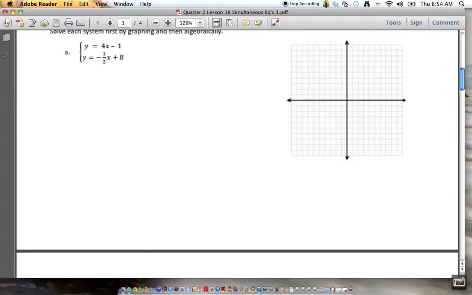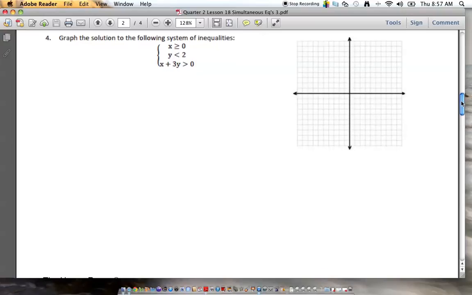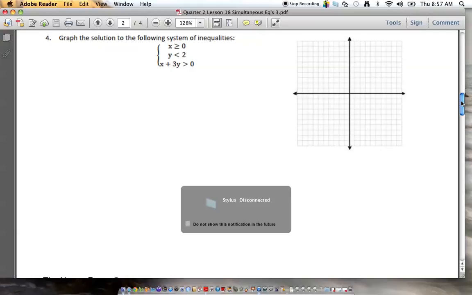Okay, next up. Graphing 3 inequalities at the same time. I'll give you about 3 minutes to get it done, and then I'll go over it with you. Even 2 minutes to get it done. Yeah, you're just graphing it. That's all you're doing.